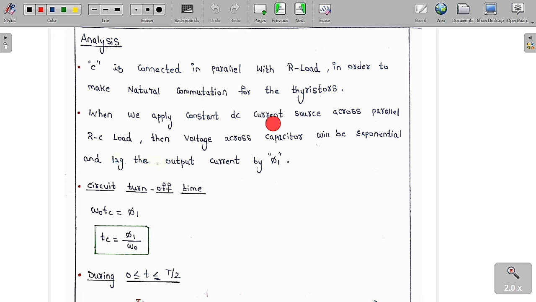When we apply a constant DC current source across a parallel RC load, the voltage across the capacitor will be exponential and lag the output current by phi1.